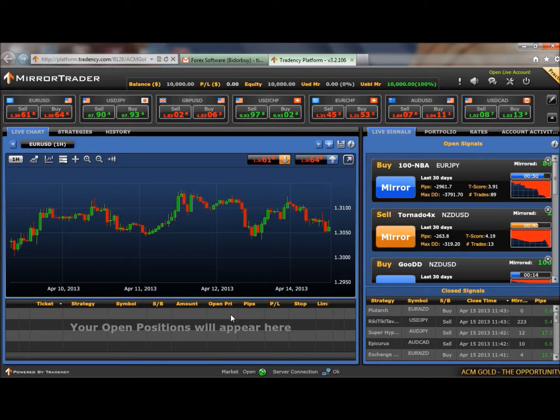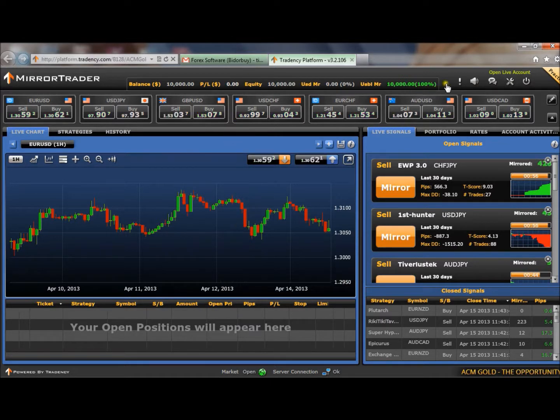And when he closes that trade or moves his stops or whatever, you'll copy exactly what he does. You just set the amount that you are going to trade. So you don't have to carry the same risk as him. You can set your risk at either less or you can set it at more. But we'll show you exactly how to do that correctly.